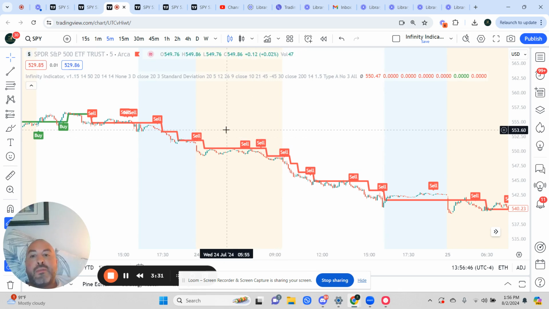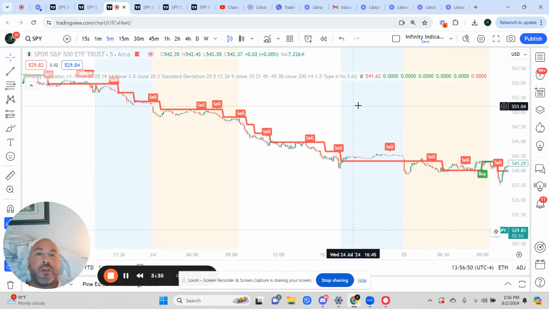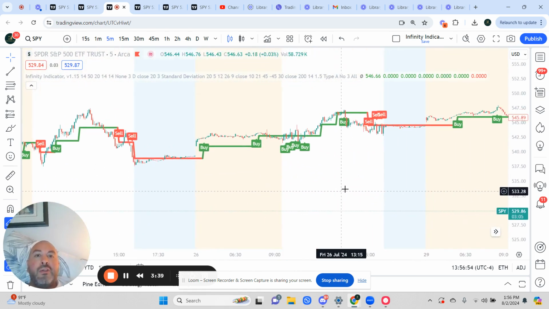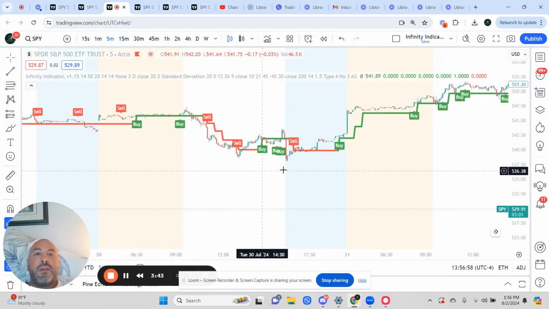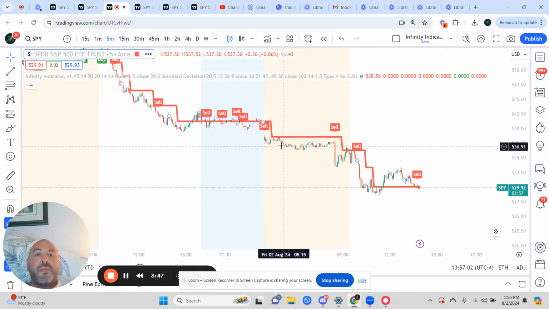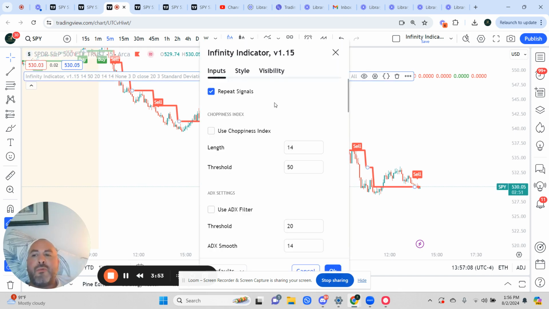What we just looked at is going back the last week or so, back to July 24th, and you get a good resemblance of the behavior of this indicator and how it works. Next I'm going to turn it off and show you. We had a handful of losses, maybe four in the past week.